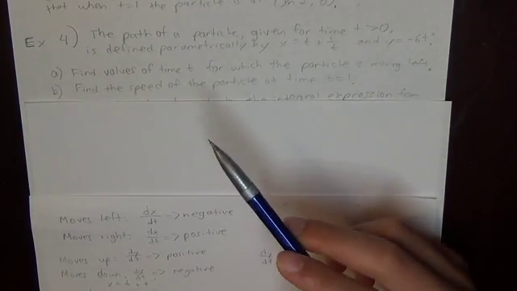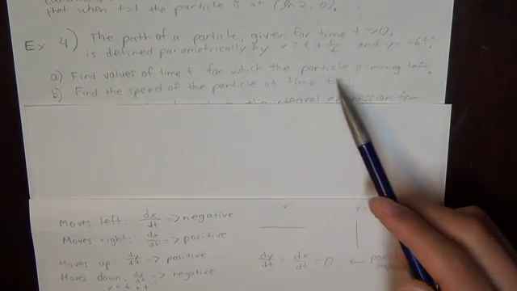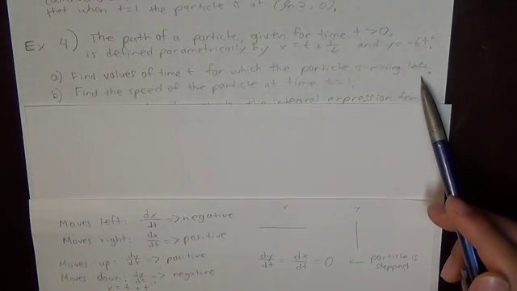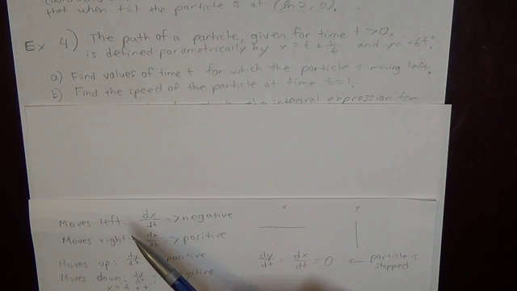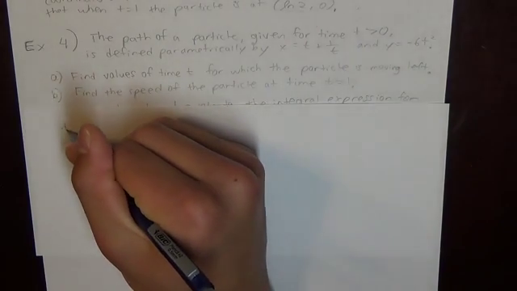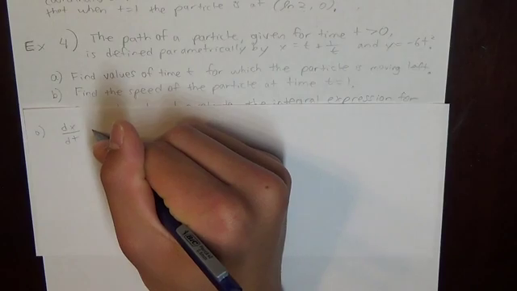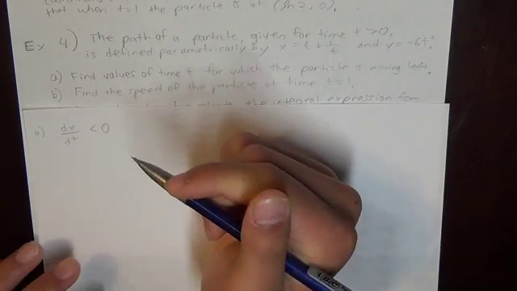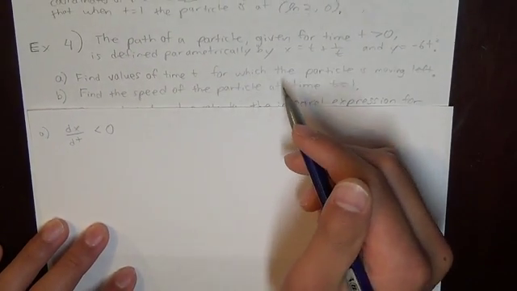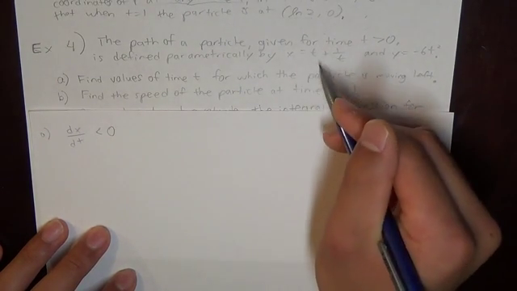Okay, so let's look at 4a. Find values of time t for which the particle is moving left. Remember, the particle is moving left when dx/dt is less than 0. First, we have to find dx/dt by taking the derivative.